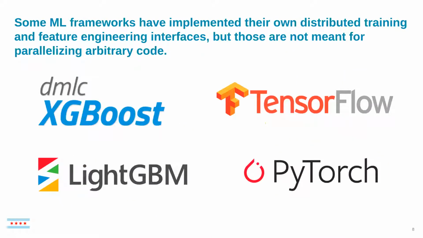You may also find that when you're in that use-more-machines world, some of the machine learning frameworks that you like have implemented their own multi-machine training and multi-machine evaluation frameworks. So XGBoost, LightGBM, TensorFlow, PyTorch, if you go look in the repositories for these frameworks, you're going to find that they have implemented distributed training almost from scratch.